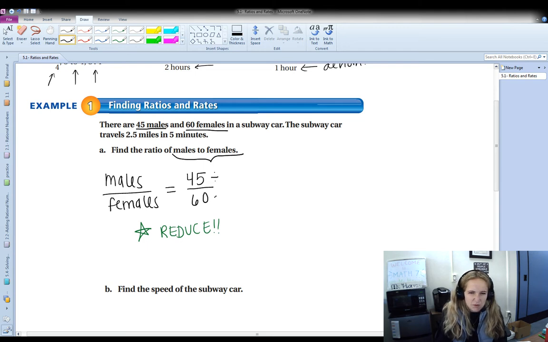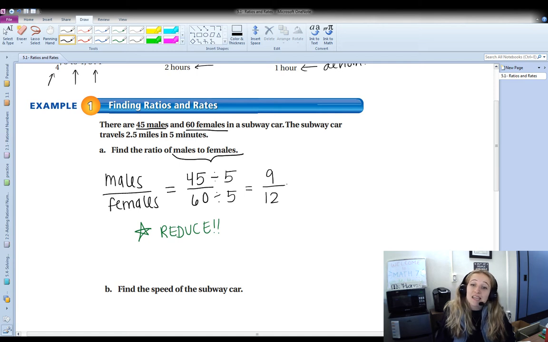I'm going to grab my calculator. For 45 and 60, I see the last digit of 45 is a 5 and the last digit of 60 is a 0, so I know I could divide both of those by 5. I'm going to divide both of them by 5, and that gives me 9 over 60 divided by 5, which is 12.